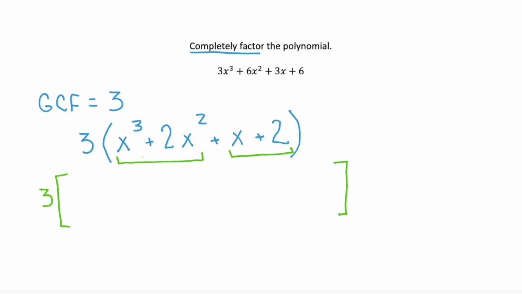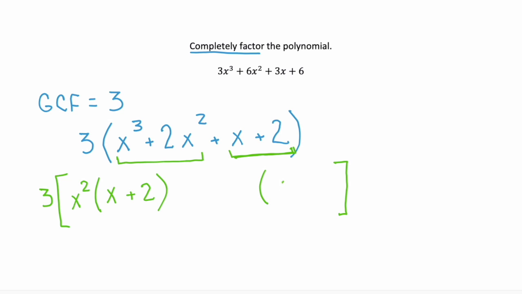Now we're going to factor the first 2 terms. These first 2 terms have an x squared in common. If we factor out the x squared, that leaves us with the binomial of x plus 2. And look, that x plus 2 binomial is exactly what that second grouping is.